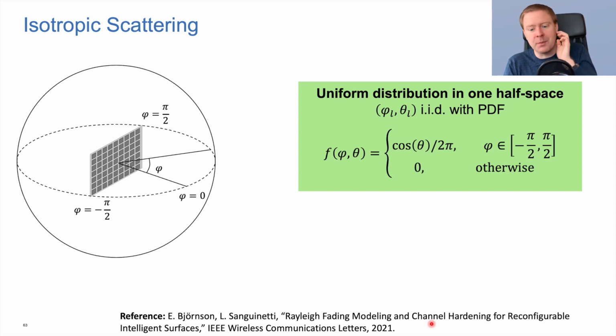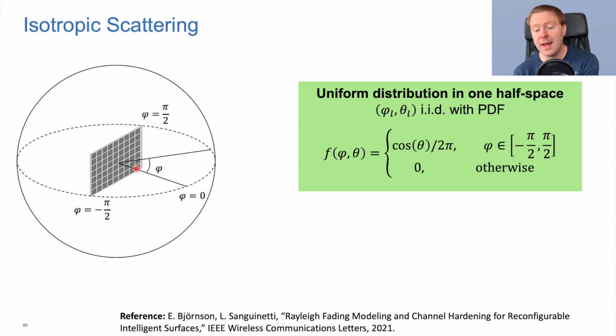So let's assume that we have a uniform distribution in one half space in front of the array. If I'm then considering the azimuth angle here, then 0 degrees is right in front, minus pi over 2 is to one side, plus pi over 2 is to the other side. So my probability density function will be defined from minus pi over 2 to plus pi over 2.